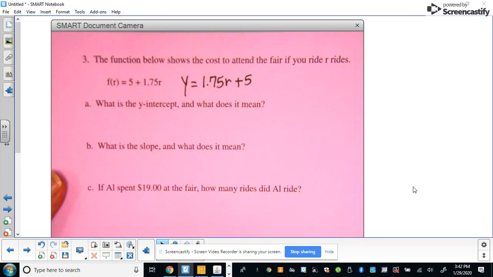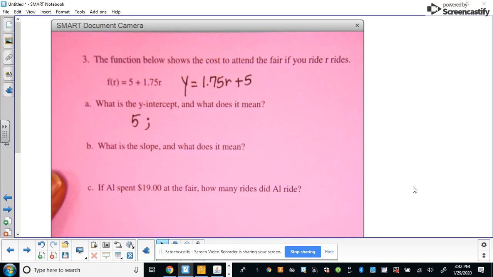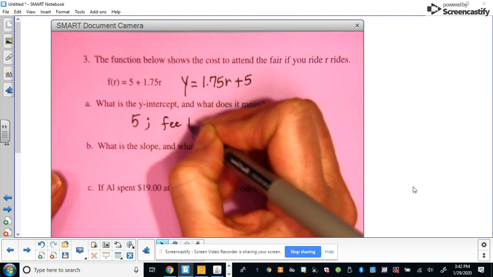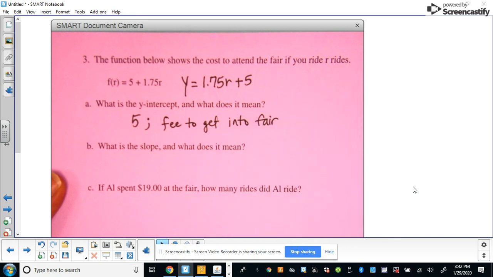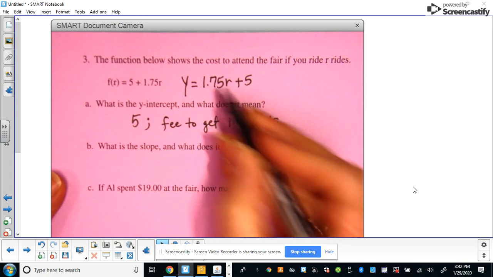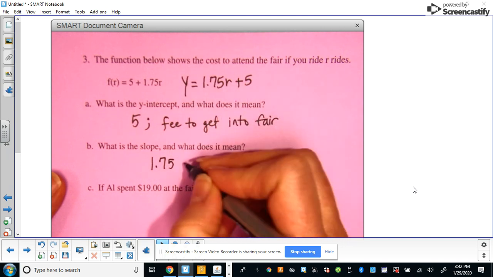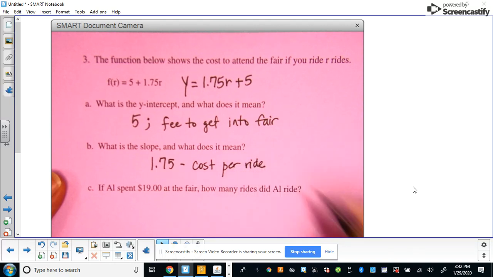My y-intercept is 5. That tells me that if I go to the fair, that is my fee to get in, your startup cost. Then my slope is the 1.75, and since that goes with the rides, that is the cost per ride.